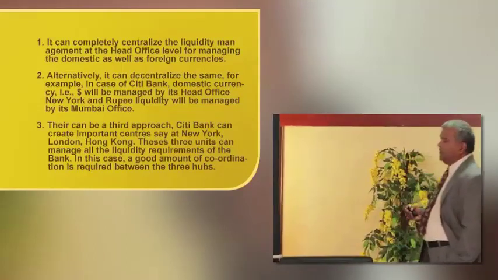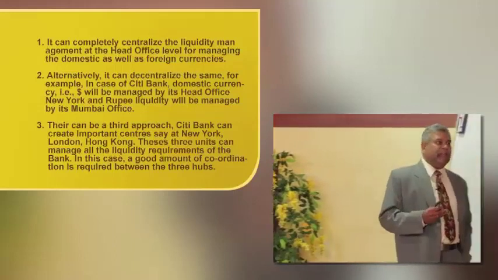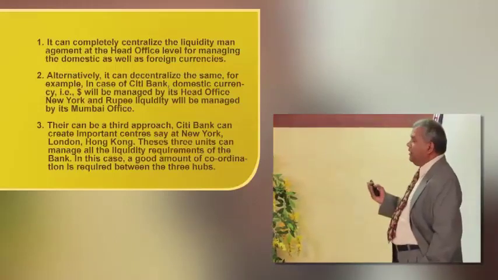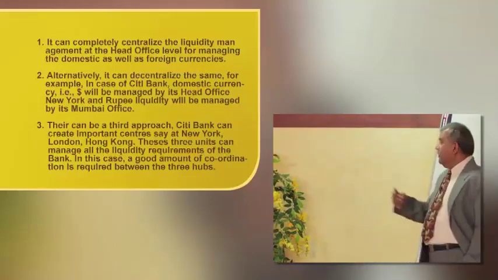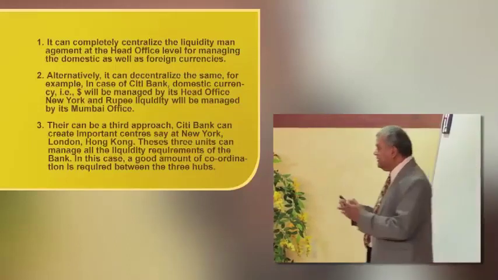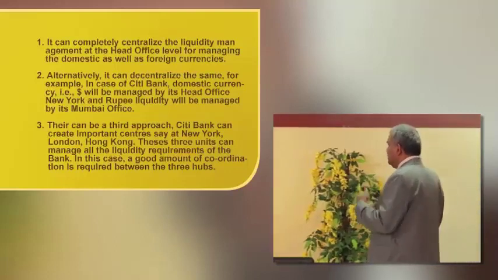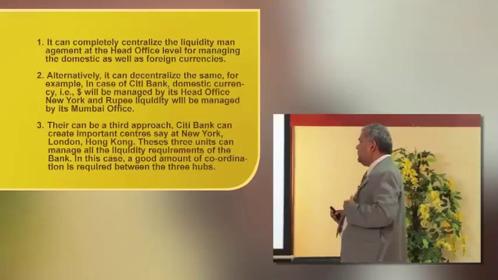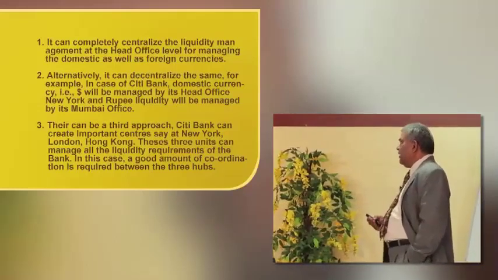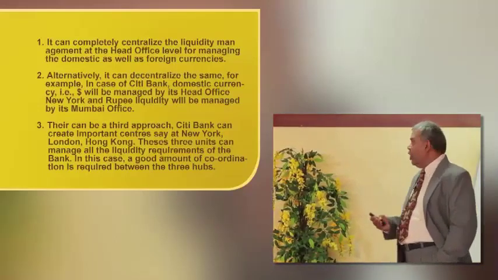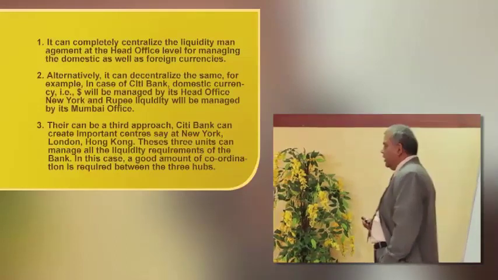In the case of Citibank, let us think that Citibank Mumbai will take care of rupee, Citibank Hong Kong will take care of Hong Kong dollar, Citibank London will take care of pound sterling. Like that it can be decentralized. Such a setup is also possible. There is a third setup. The third approach can be that Citibank can create important centers, say New York, London and Hong Kong.